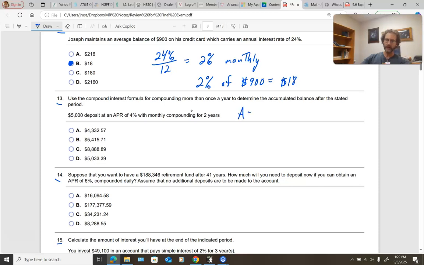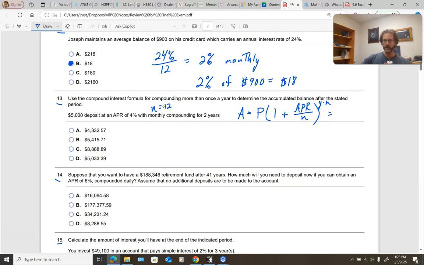All right, so let me remind you of the formula. The accumulated value of an investment is equal to the principal times 1 plus the APR as a decimal divided by the number of compounding periods per year, and you raise this to the number of years times the number of compounding periods. Okay. So if it's monthly compounding, then n has a value of 12.